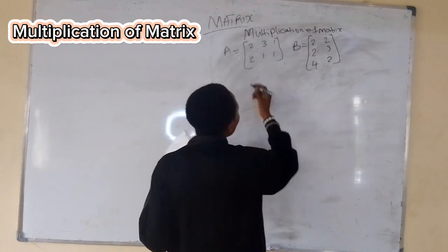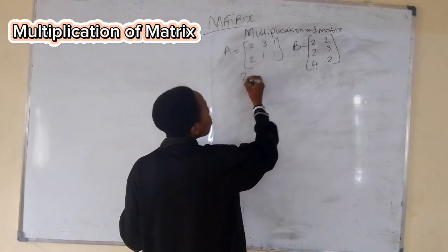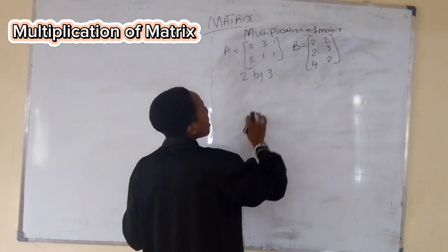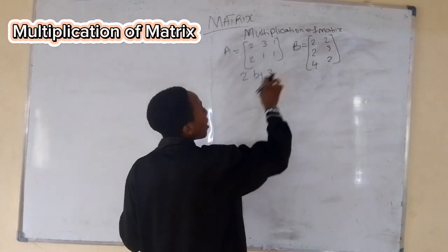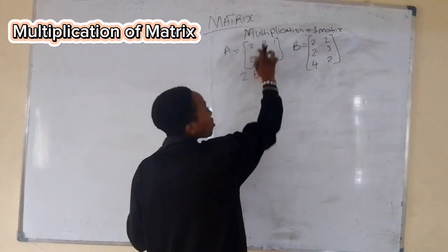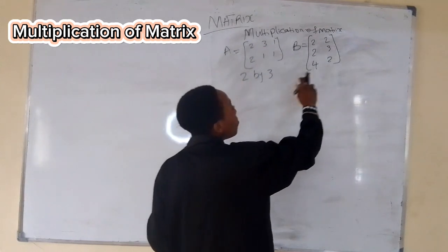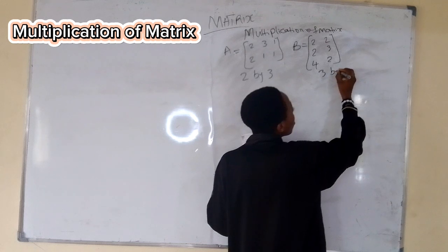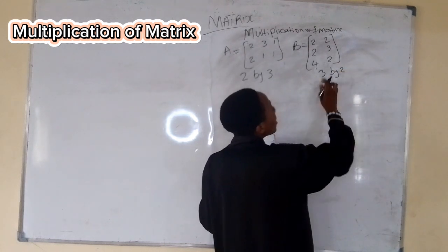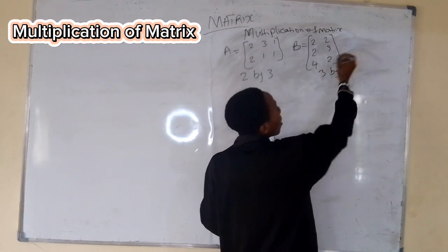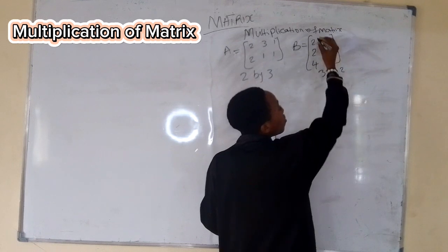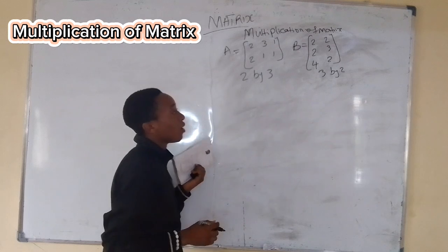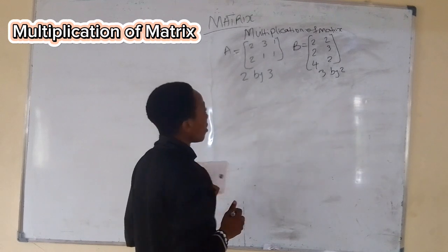If your A is 2 by 3, that is 2 rows and 3 columns, then your B should be 3 by 2, that is 3 rows and 2 columns. So in multiplication, the order of arrangement matters a lot.